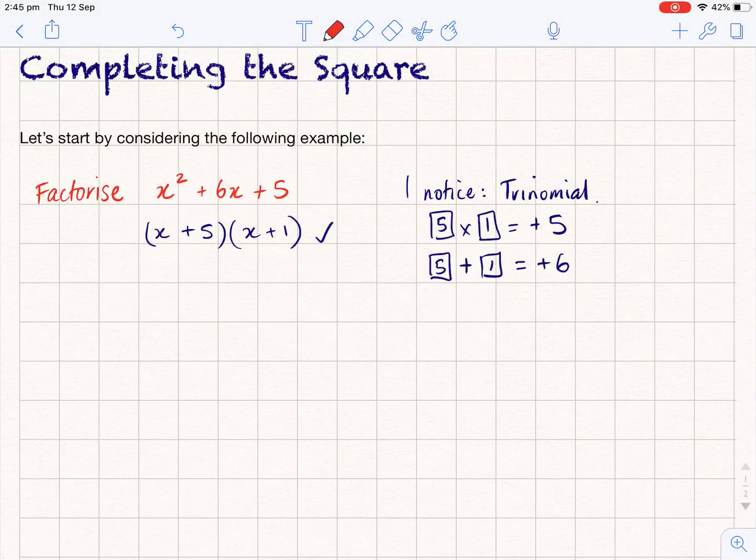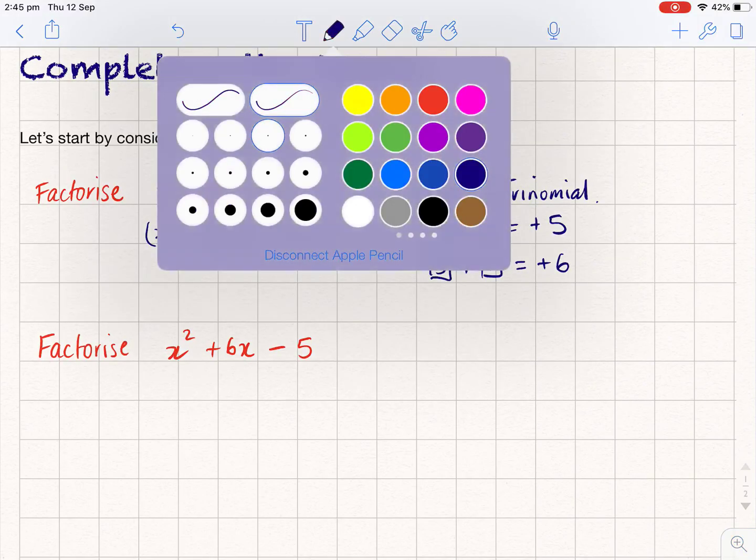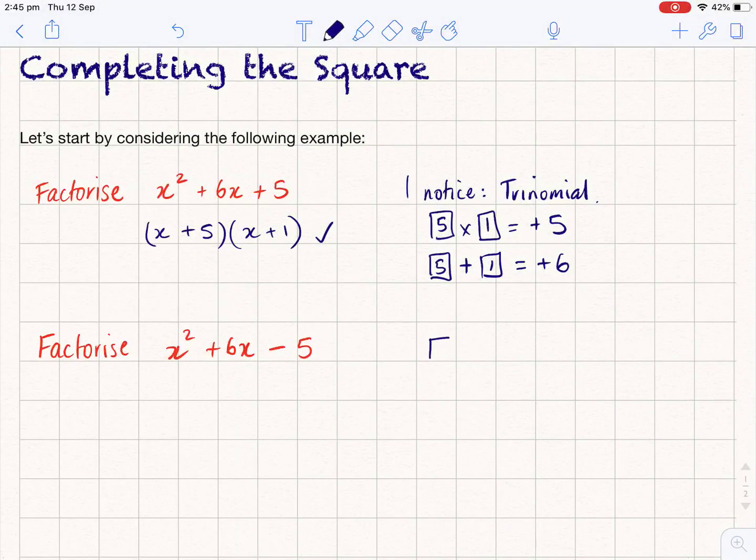But now, what if I consider this problem? Very similar to the one above, but now I have a minus 5 or a negative 5 on the end. If I try and follow the same process for this equation, I want two numbers that multiply to equal negative 5 and the same two numbers that add to equal positive 6.